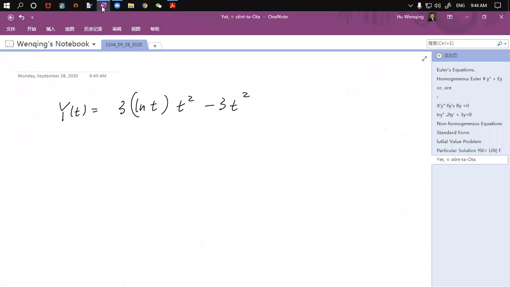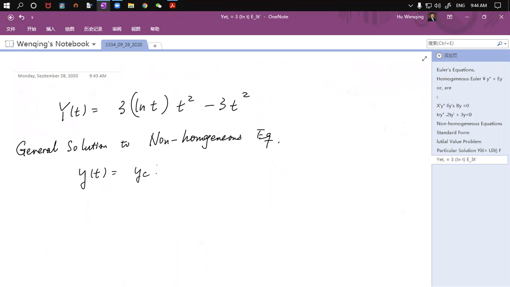As long as you have this particular solution, you know that the general solution to the non-homogeneous equation is given by y of t equal to the complementary solution plus the particular solution.